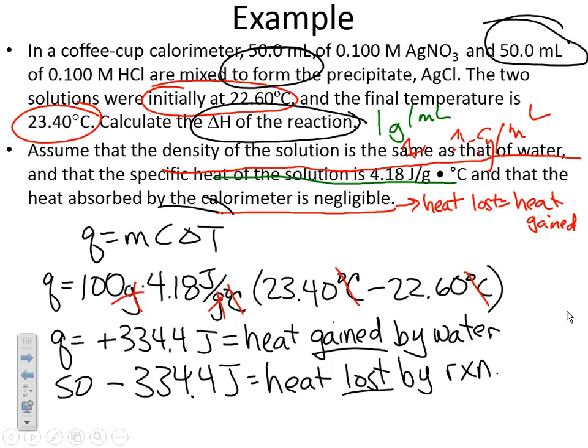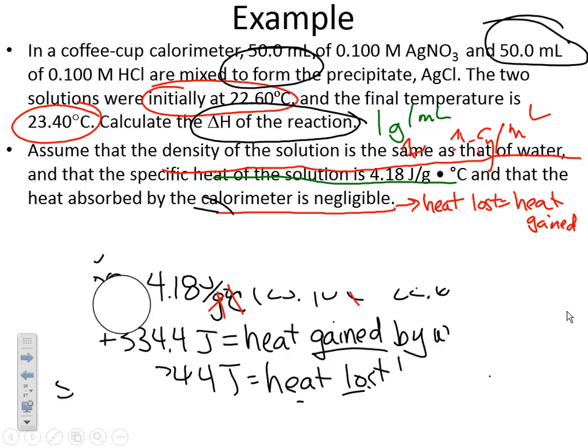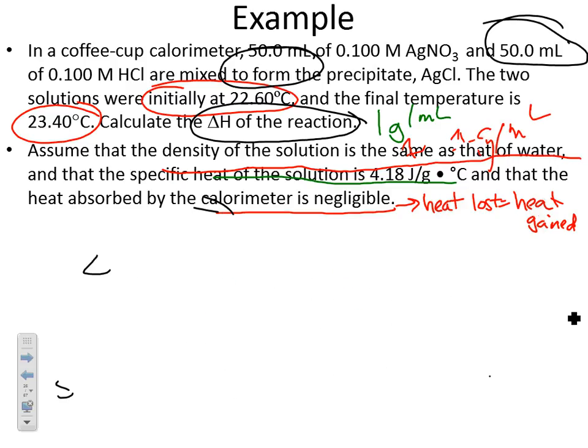Now, that's our joules. In kilojoules, this would be minus 0.3344 kilojoules. We are now ready to finally calculate our delta H value. Again, delta H, this is the easy part. Kilojoules per mole reaction.